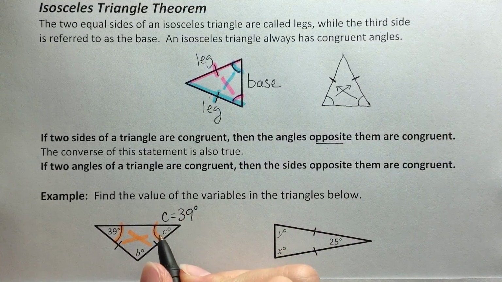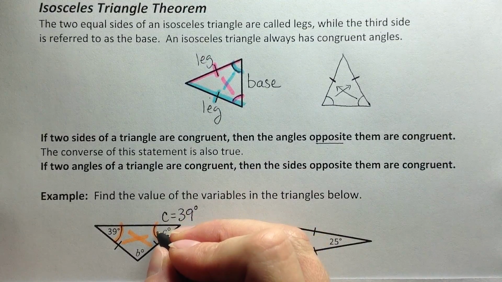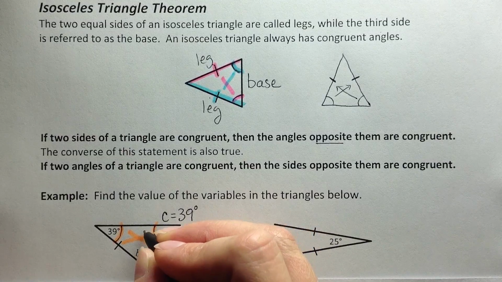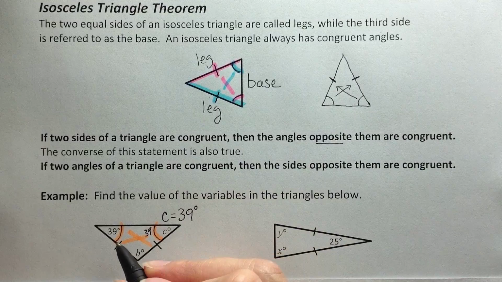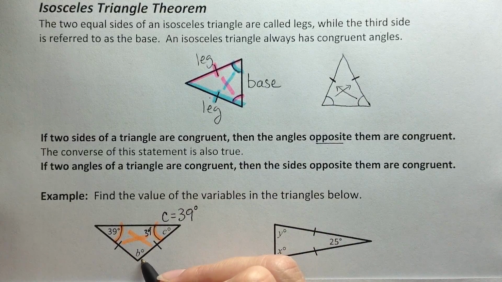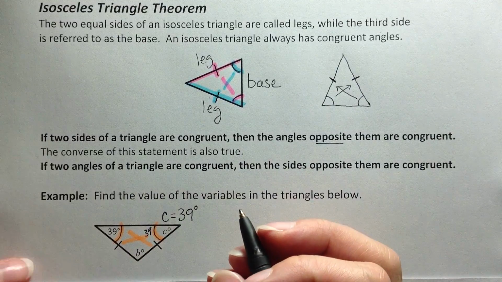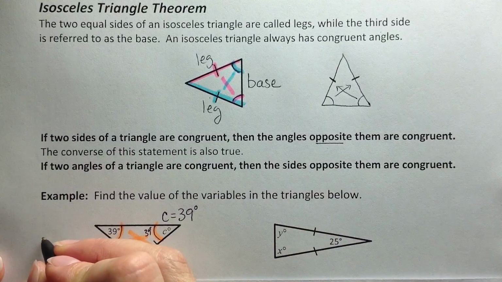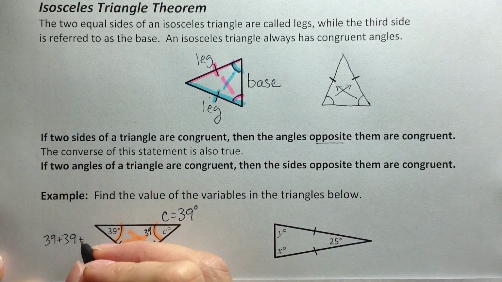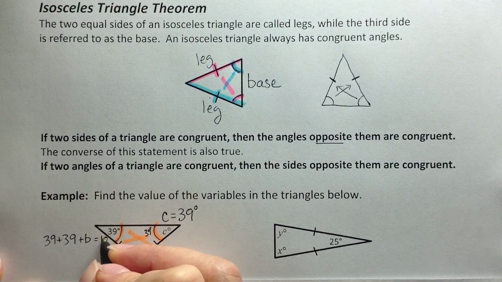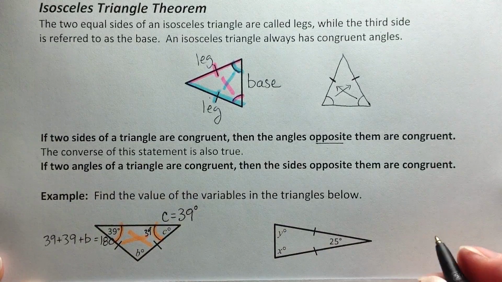All right, now that I have that angle, I'm going to go ahead and write that in there somewhere, 39, okay. So now 39 and 39, and then I have one last angle. So if I wanted to use an equation, I would do 39 plus 39 plus B equals 180.